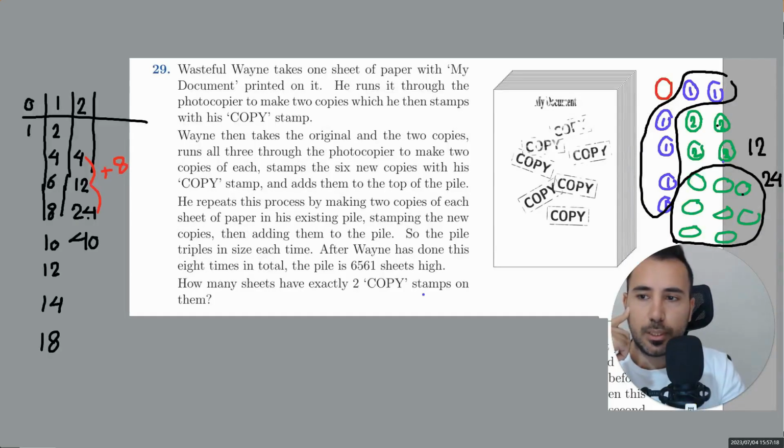Then this one was plus by 12. Then plus by 16. Each time it's being plus by 4 more. So next time it will be plus by 20. So we're going to get a 60 here. Okay. And then plus by 24, 84.